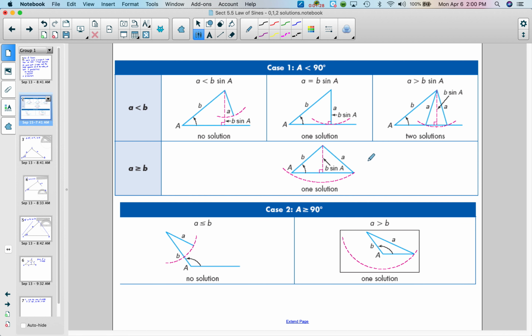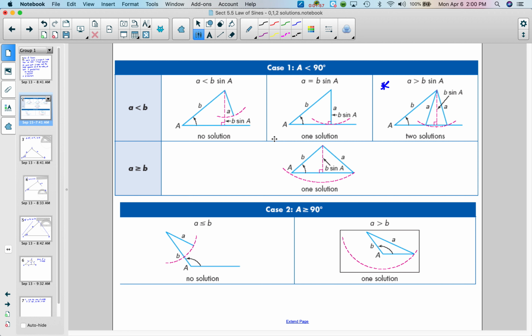Now, if we were having class, I would actually give you a handout of this, because this is important. It's not in your textbook. This is a little flow chart that's going to help us decide how many solutions there are. Like I said, the only issue is when there's two solutions. So really, it's just this top row that you would for sure need to have.